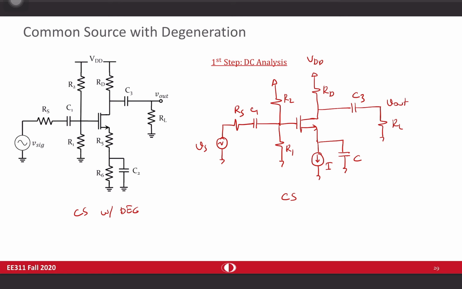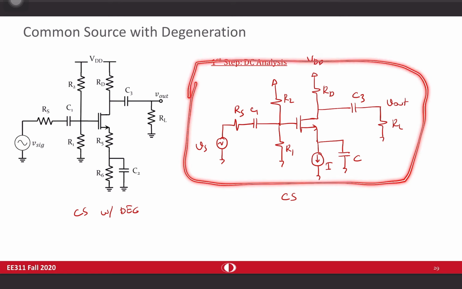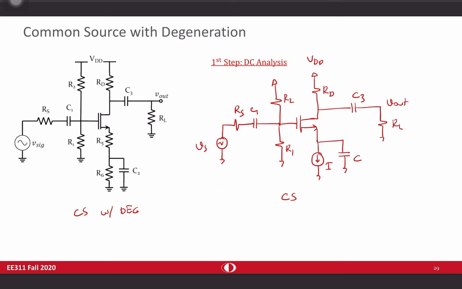So in practice, you won't see this structure at all. Instead, people replace this current source with a resistor. Let's say RS.